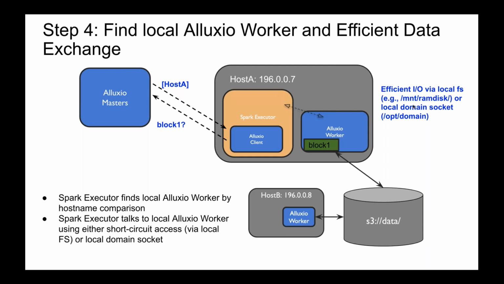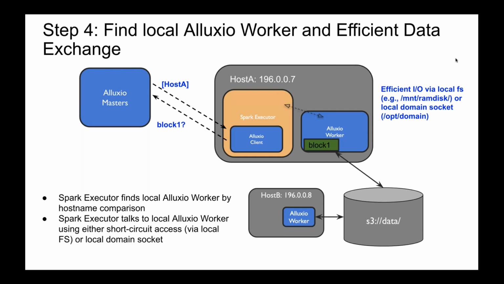In case the local FS is not shareable, then you can use local domain sockets to enable efficient data sharing. It emulates the network interface, but the performance is much better than the local network interface.